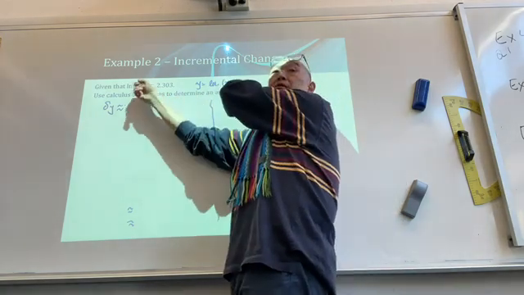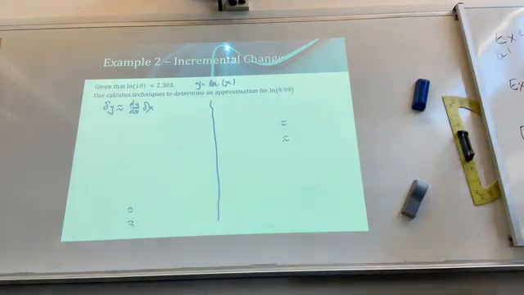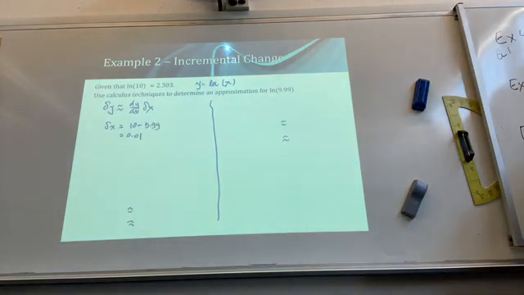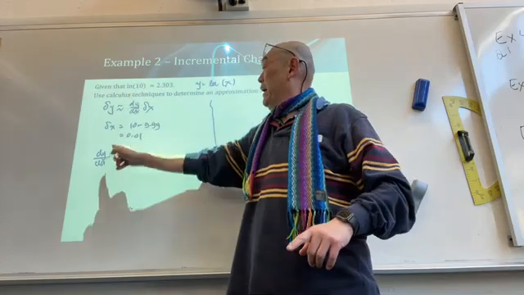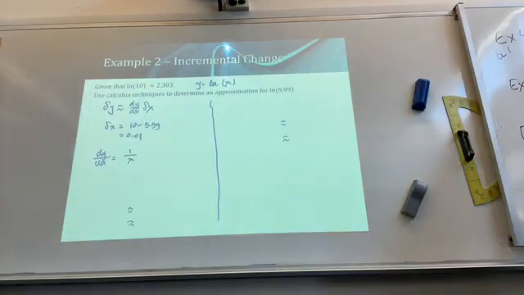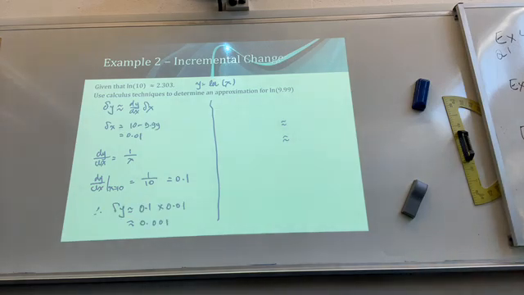And dy dx is 1 on x. You need to know dy dx at this point, 10. So dy dx when x equals 10 is 0.1, and therefore delta y is 0.1 times 0.01, which is 0.001.